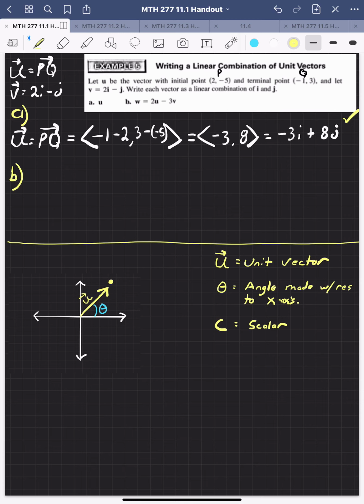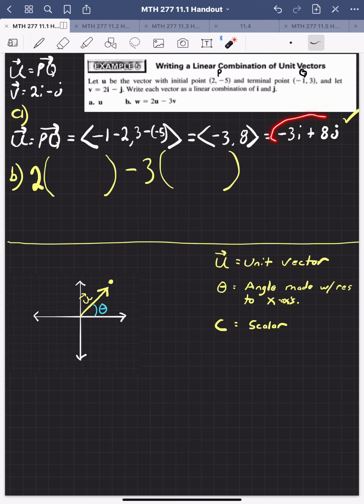So part B, let's see what we are asked. We want w, and w is defined to be 2u minus 3v. Let's go ahead and do that really quickly. Let me write 2, and I'm going to insert some parentheses, minus 3, and I'm going to insert some parentheses.